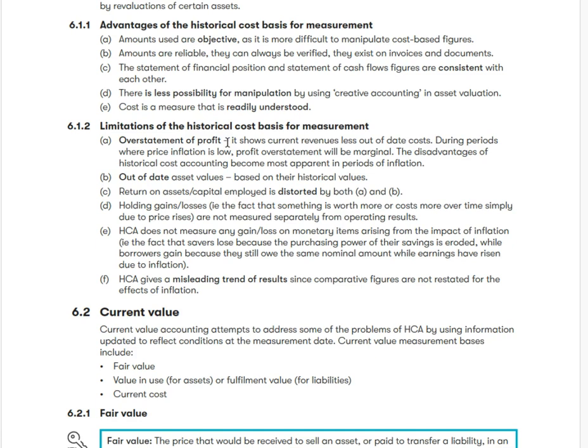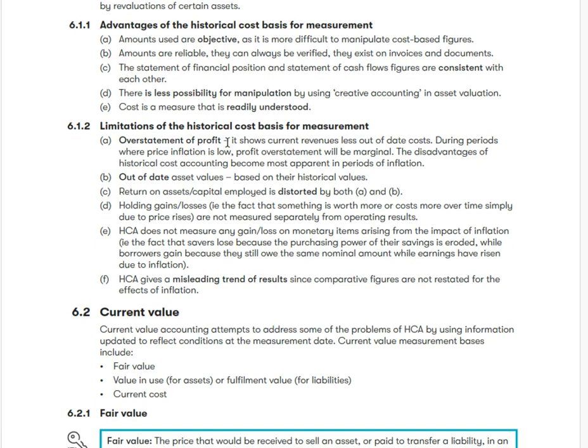Holding gains and losses. That is the fact that something is worth more, or costs more, over time simply due to price rises. Holding gains or losses. When you are holding inventories, for example, if you are selling them after 5 or 6 months, the prices would have inflated.